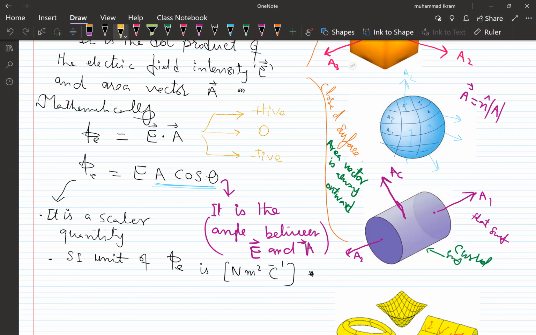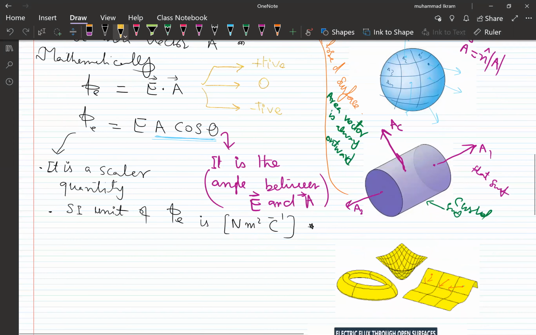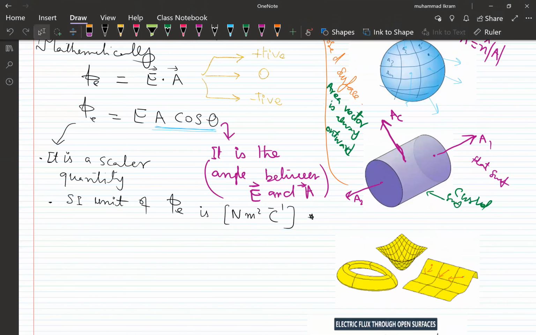We will apply the concept of the electric flux to open surfaces as well as to closed surfaces, right? Whether the surface is open or closed, in all cases electric flux is very important.